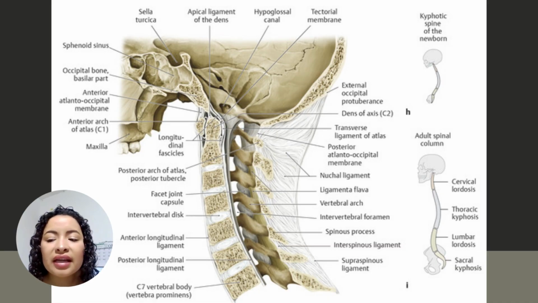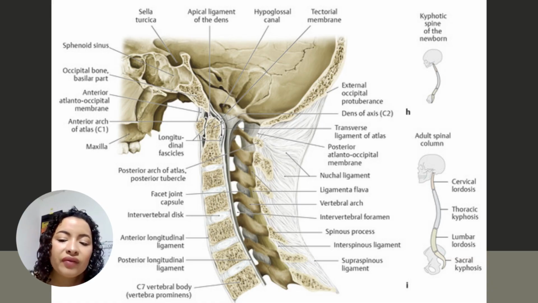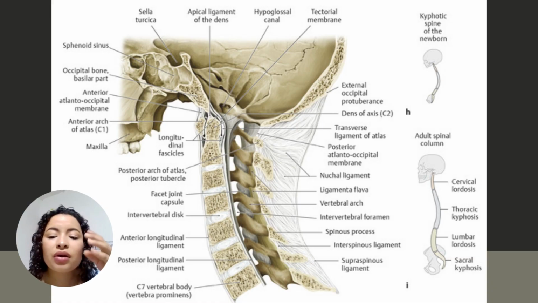The alar ligaments and tectorial membrane connect the axis to the occipital bone and the floor of the cranial cavity respectively. They prevent excessive rotation at the atlanto-axial joints. The cranium, atlas, and axis are interconnected by the cruciform ligament of the atlas.